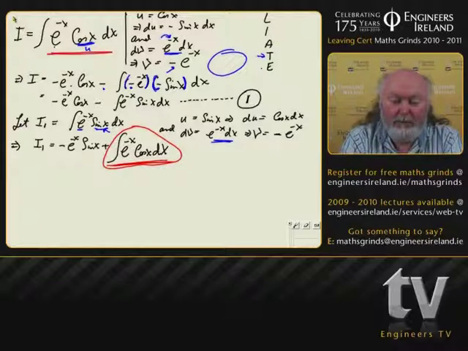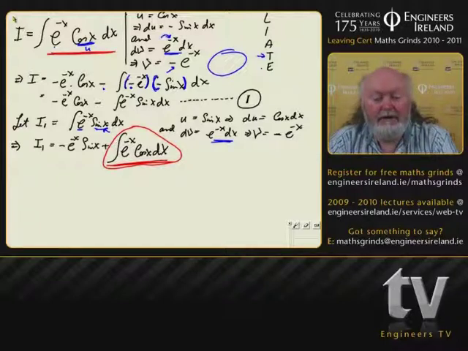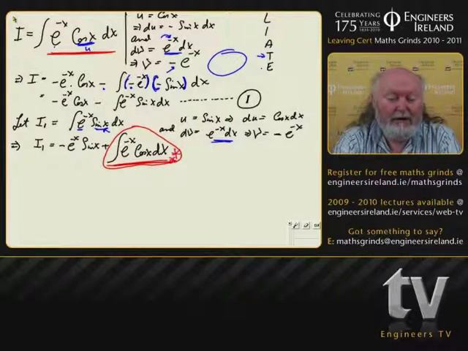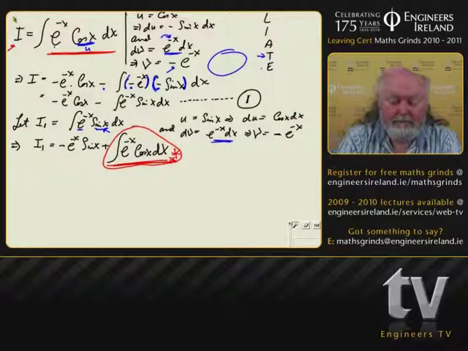Isn't that what we started with? The integral of e to the minus x cos x. So I can replace this down here by the name that I gave to this one up here.